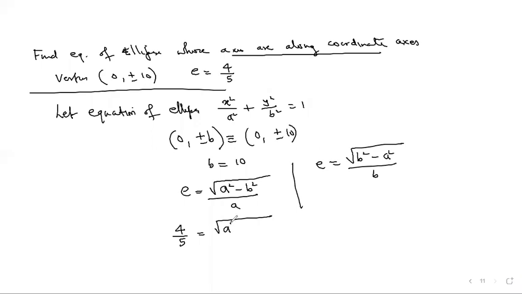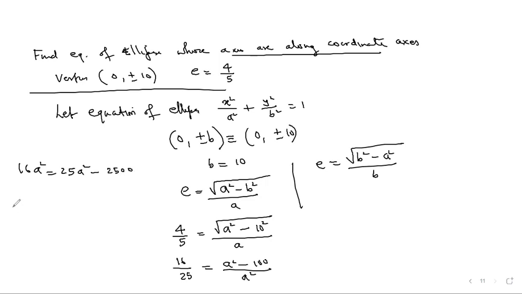Root of a square minus 10 square upon a. So let's see whether we are getting the answer or not. 16 by 25 is a square minus 100 upon a square. So 16 a square is 25 a square minus 2500. So 2500 is 9 a square.